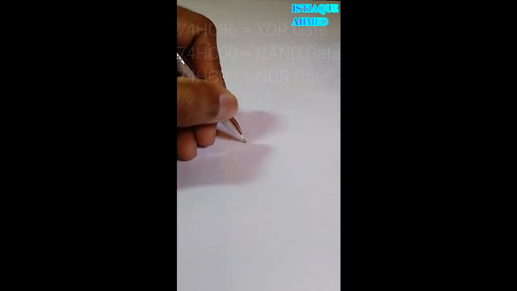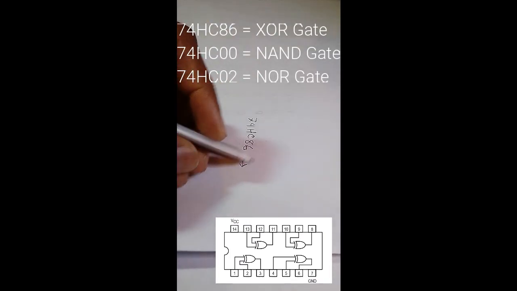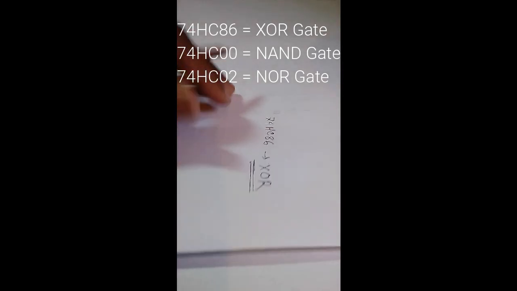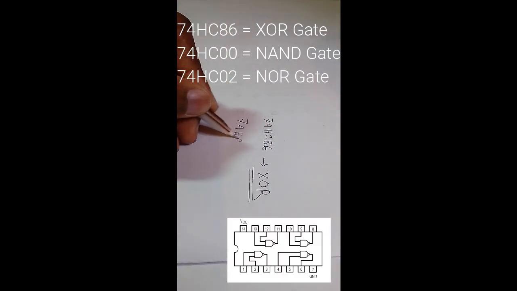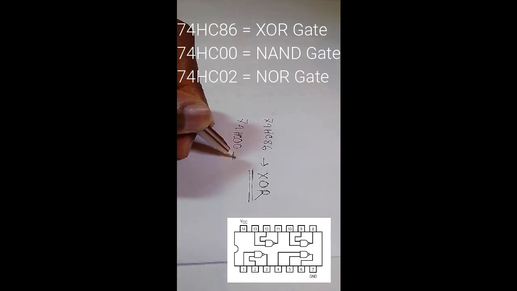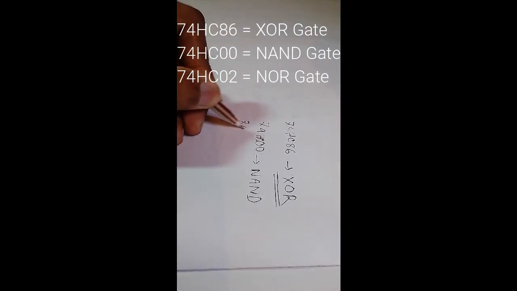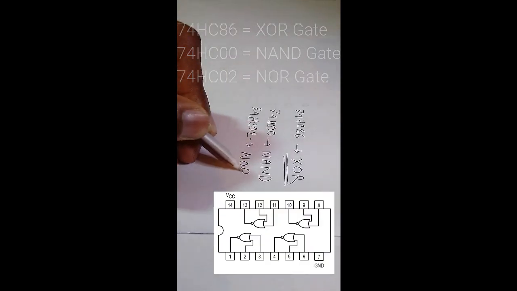The ICs are 74HC86 for the XOR gate, and 74HC00 is for the NAND gate, which I already used. And 74HC02 is the NOR gate.